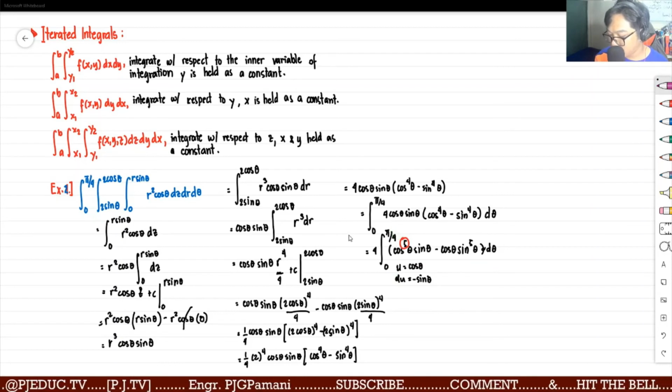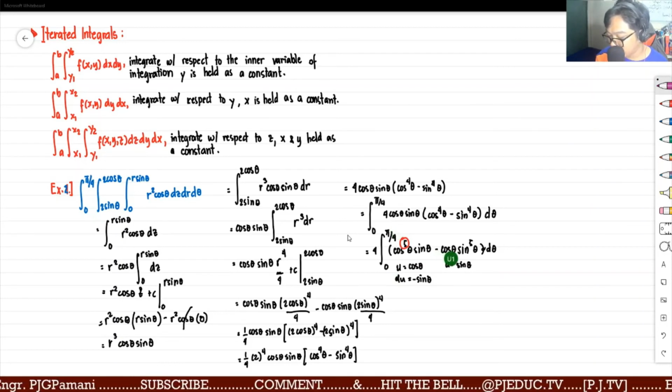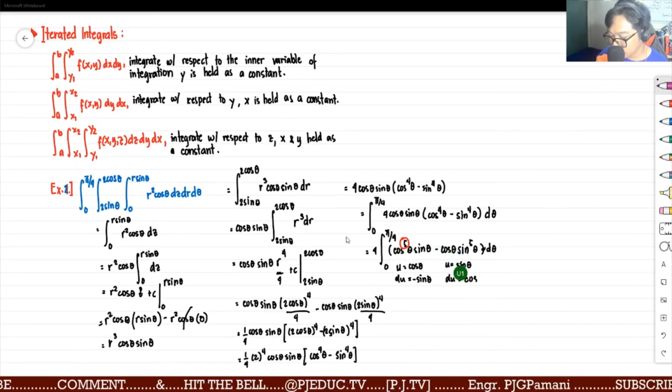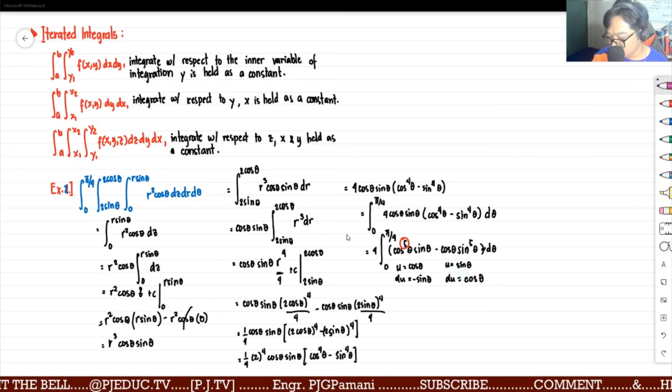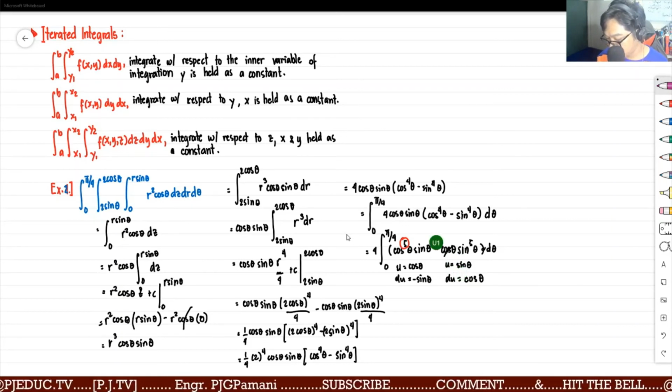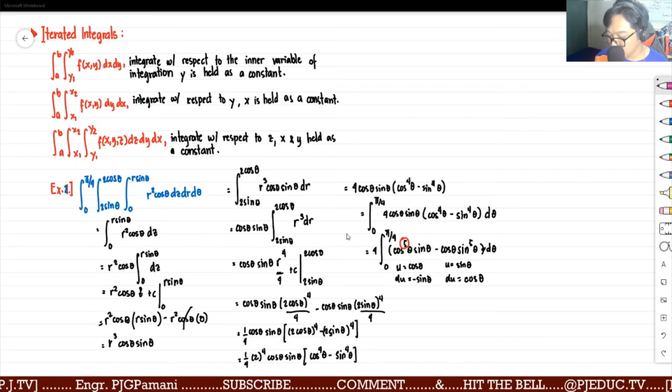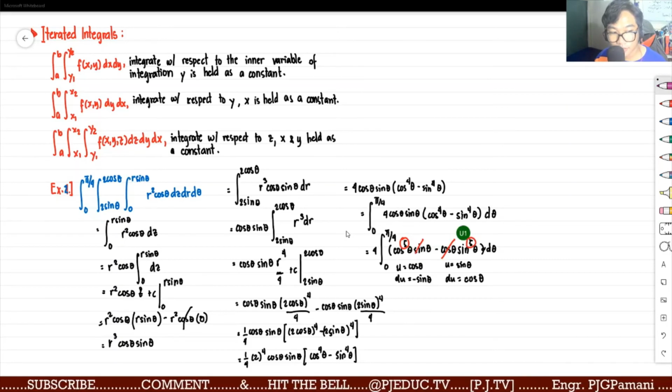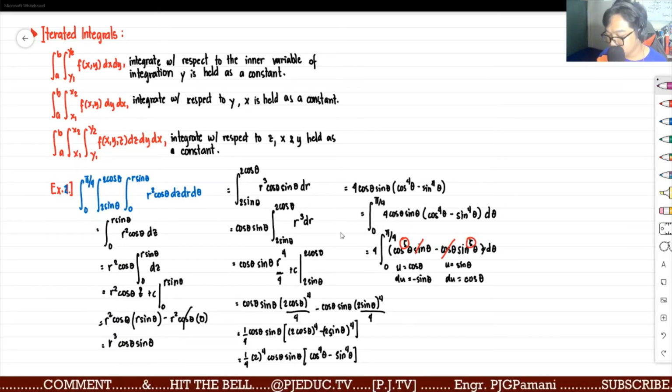Then u on the second term is sine theta. Then du of that term is positive cosine theta. So cosine theta will cancel, then perform power rule to this exponent. Okay?